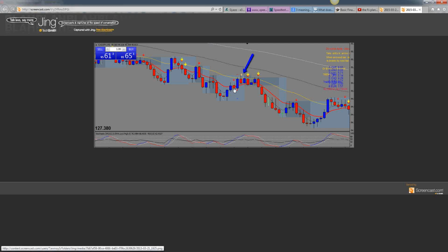When I look at my inside bars, I do look at what the inside bar is. If the inside bar is all body with small wicks on either end, it's an indecision candle to me. So it's a little bit more of a riskier trade.